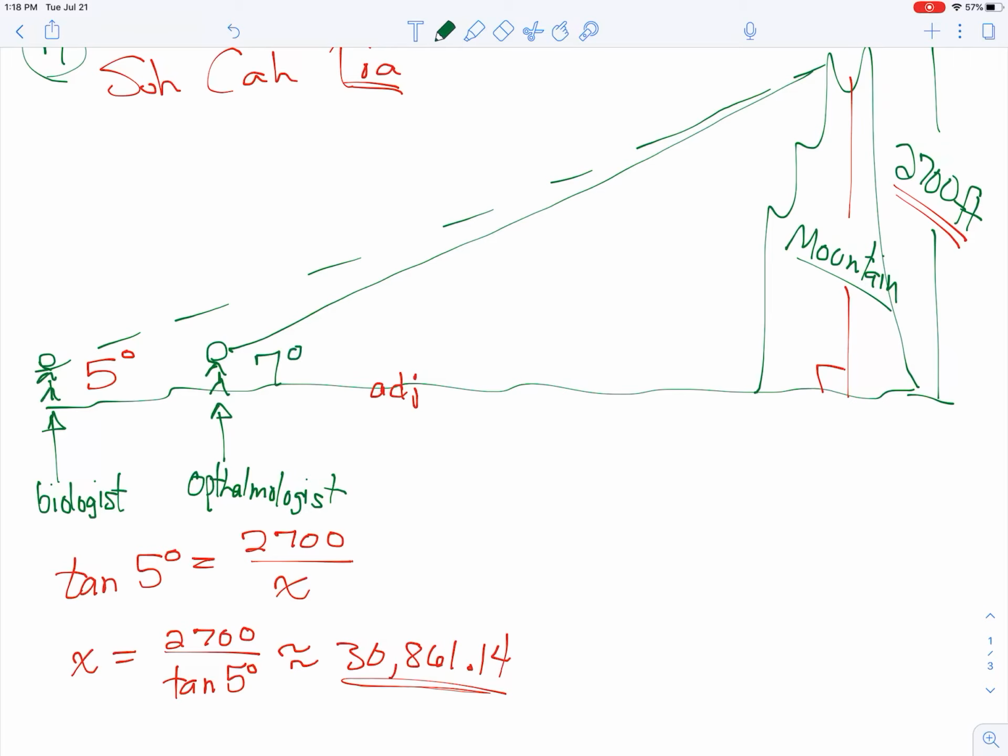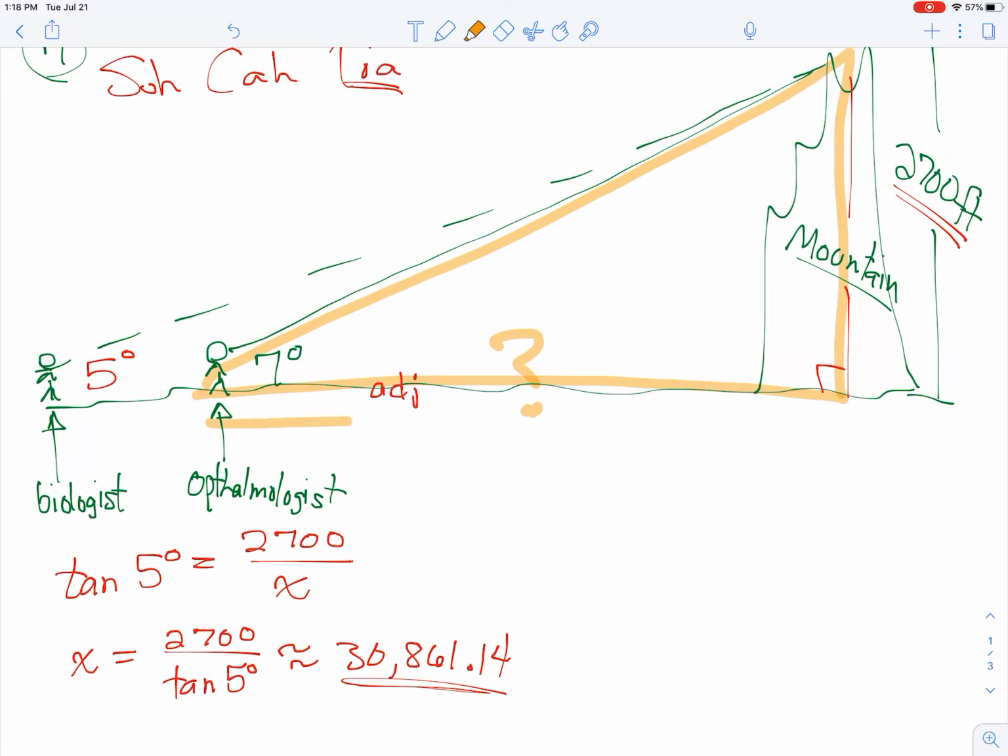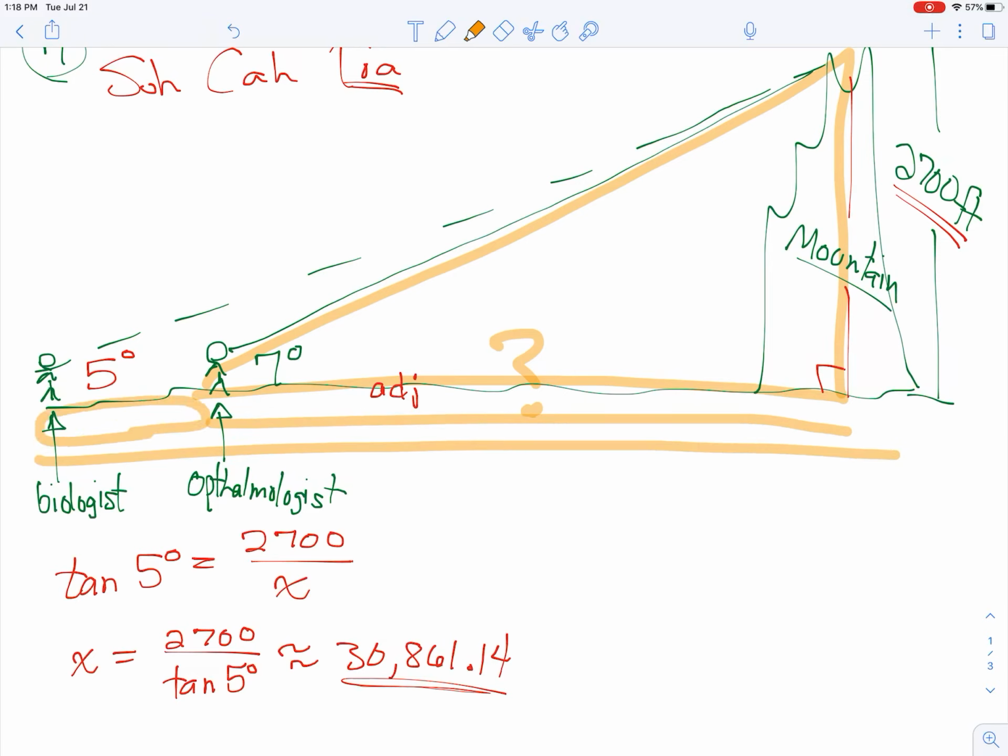How far is he from the biologist? Oh man, so I think now you've got to make the right triangle out of this one, find this length, also using tangent, and then the difference between this length and the whole biologist's length is going to be how far they are apart.